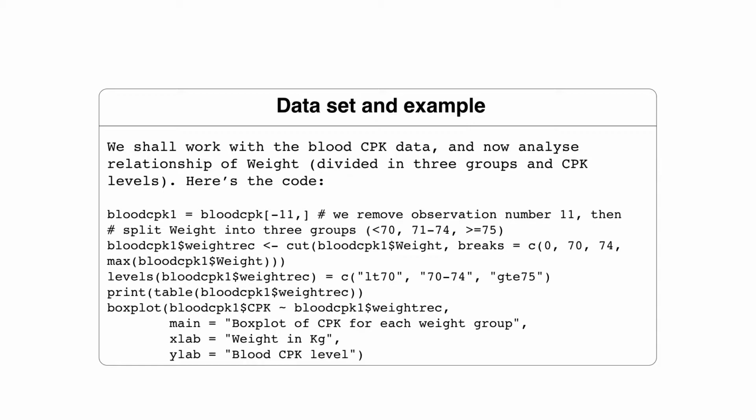This time, we have removed observation 11 because it was influential. We have also converted weight into a categorical variable. So weight is now less than 70, 71 to 74, and more than 74 kilograms.